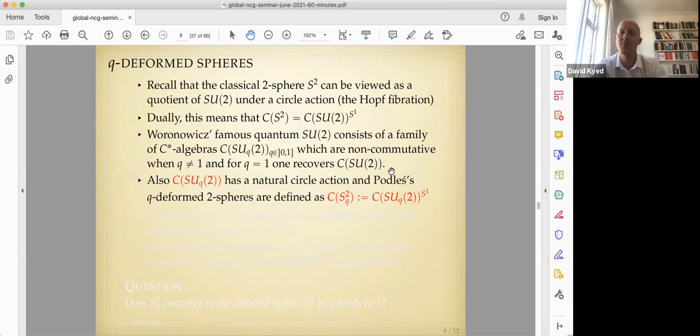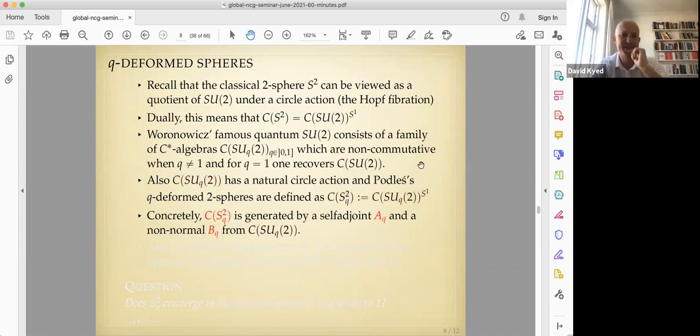This means that you can mimic the definition above and define a q-deformed two-sphere by looking at the fixed point algebra of SU_q(2) under this circle action. This is what Podleś did many years ago, and therefore these q-deformed two-spheres are called the standard Podleś spheres. There are non-standard ones as well, but I'll not get into that. So I'll just erase the adjective standard and just say Podleś sphere.